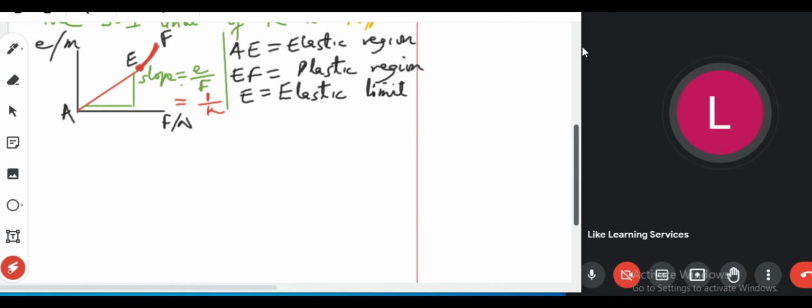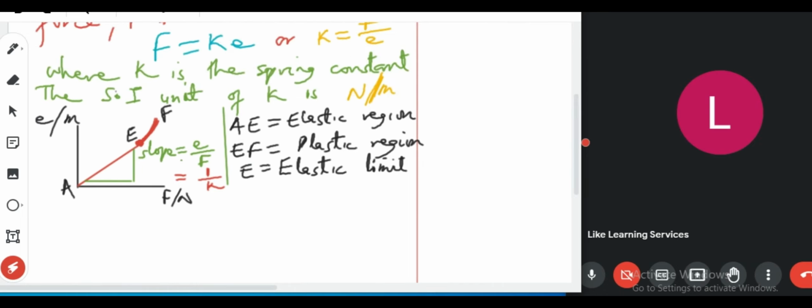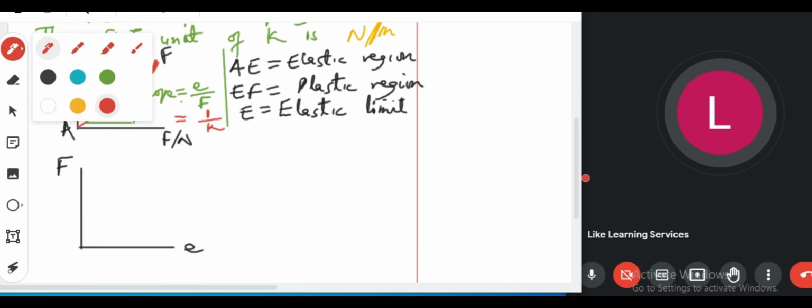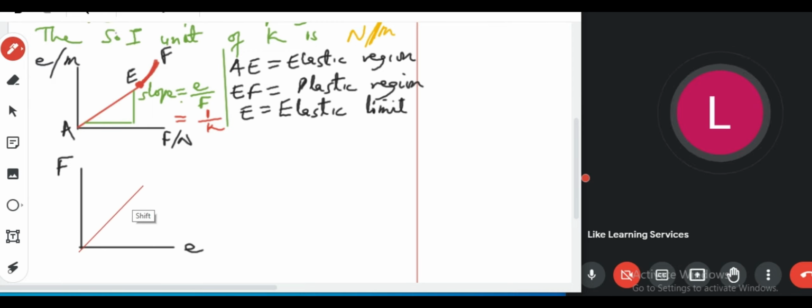This initial graph we plotted is E against F, which gives 1 over K. But if we decide to plot a graph of F against E, like this, F here, E here, the slope will give us directly the spring constant.